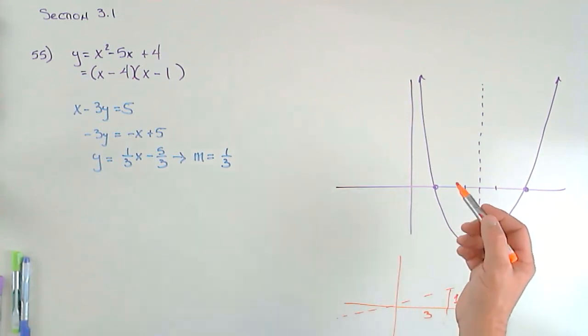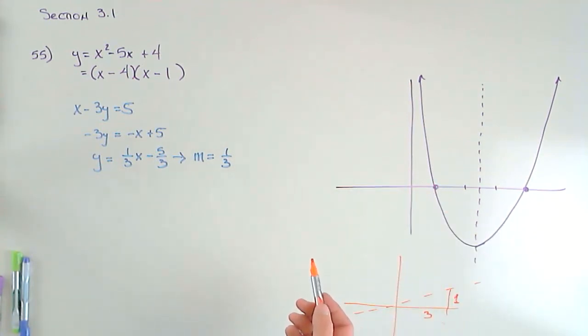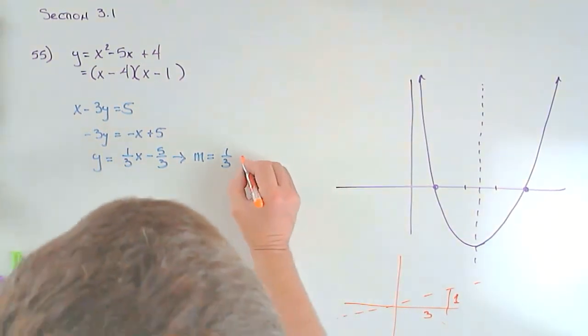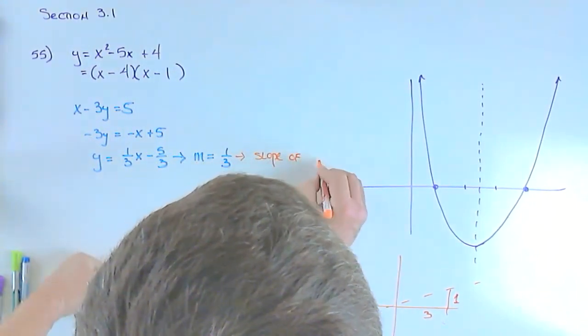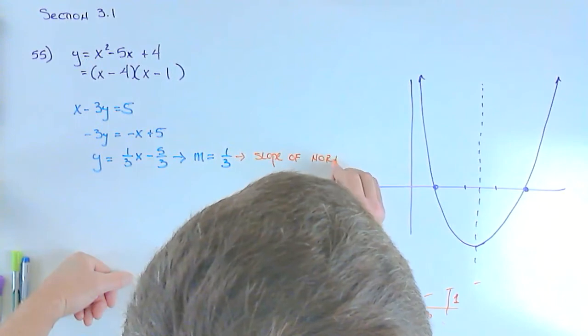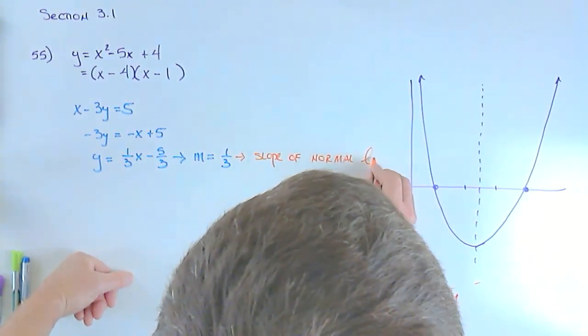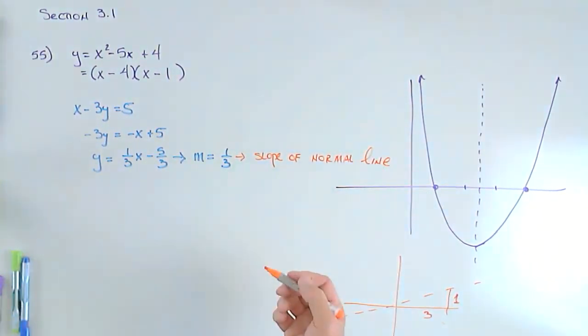And we want it to be perpendicular to our parabola, because it says the normal line. So this is the slope of the normal line, but we know what that means.